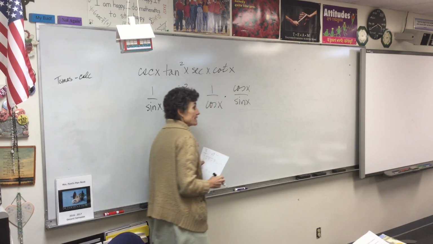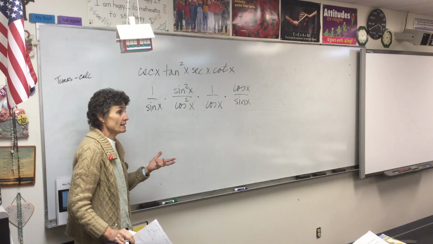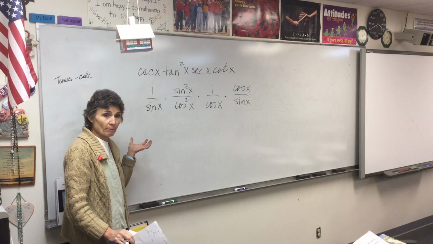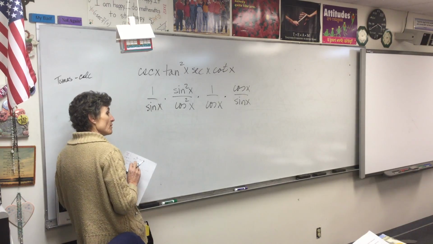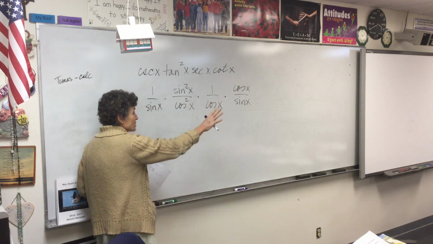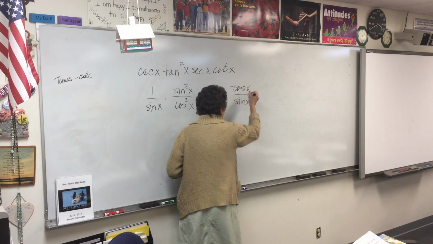Now, I can't impress upon you enough how important it is that you know those, so you can do this problem. Now, anything on the top can cancel with anything on the bottom because this is all multiplication. So, I have a cosine here and a cosine here.